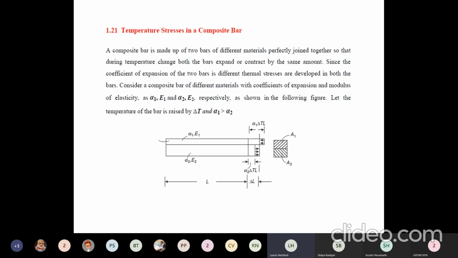Now let the temperature of the bar be raised by delta T. Let's say the initial temperature is T1 and the final temperature is T2, so I am raising the temperature by T2 minus T1. Let's assume delta T is the change in temperature, which you can simply call T, or take as T2 minus T1.